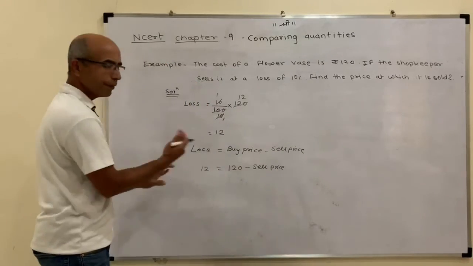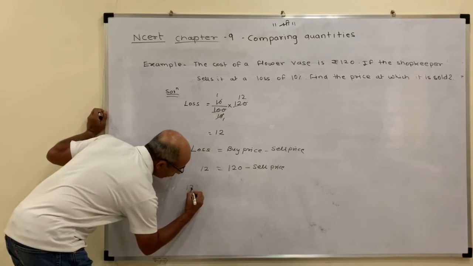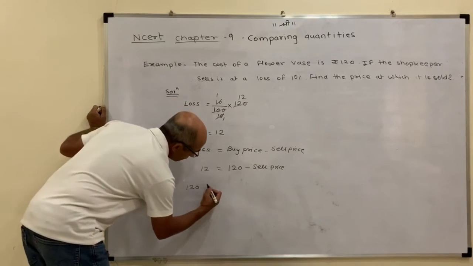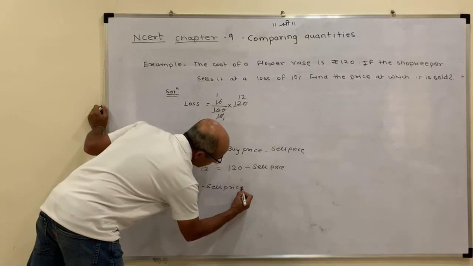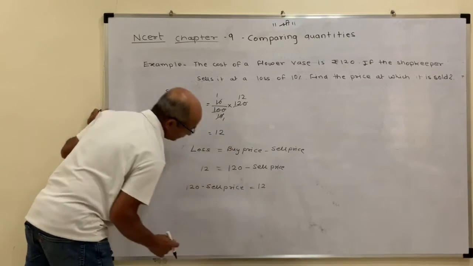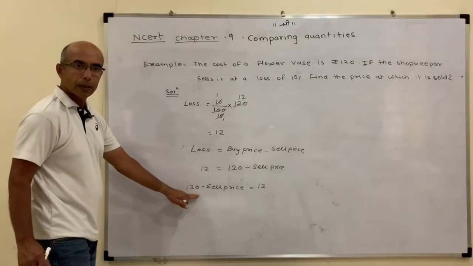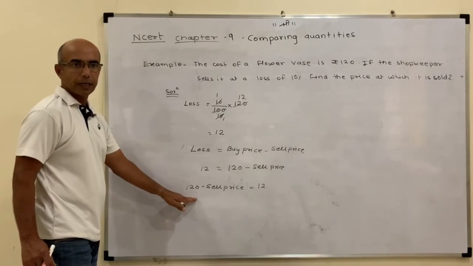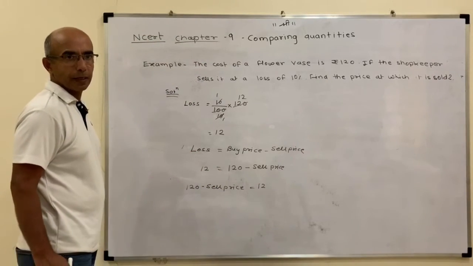So now I shift the left hand side to the right and the right to the left. So 120 minus sale price equals 12. This 120 is added on the left hand side, so when I transpose it, it will be subtracted.